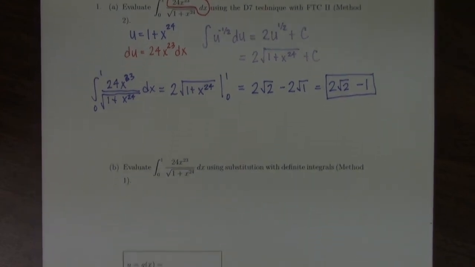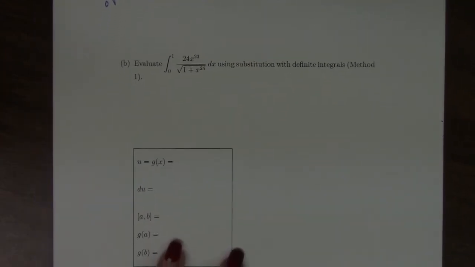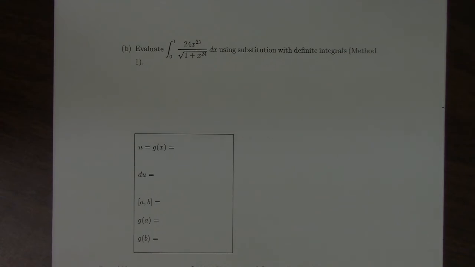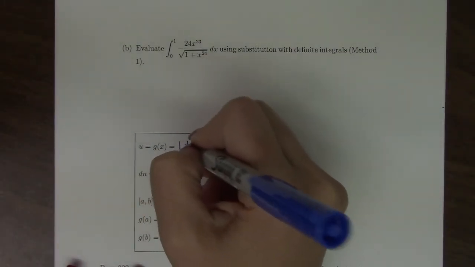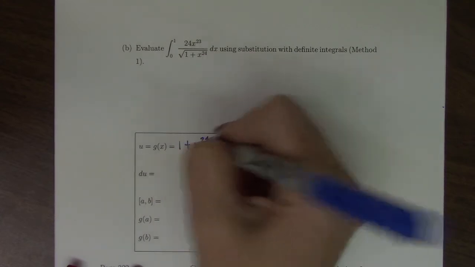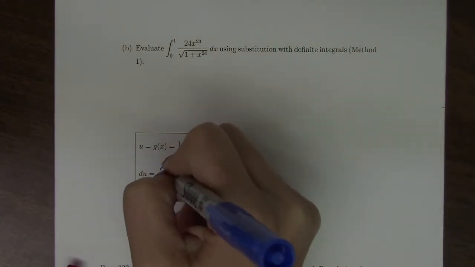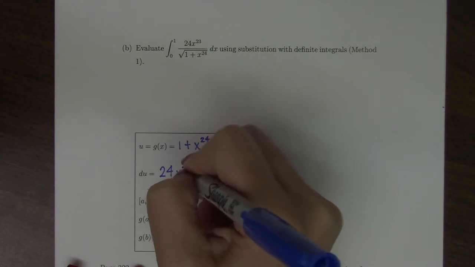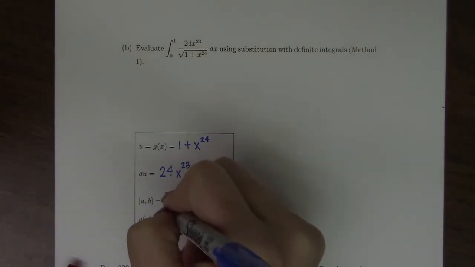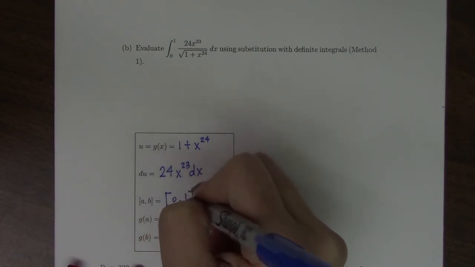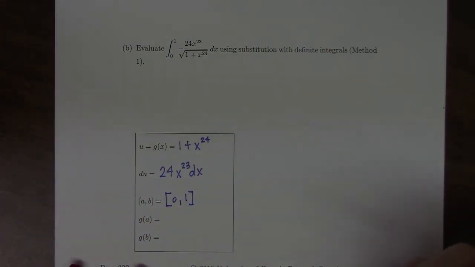Now we're going to do this again, but instead of working with the indefinite integral, we're going to deal with the definite integral. So our u is the same u we used before, and our du is 24x to the 23rd dx. Our original bounds on x are 0 to 1, but now I'm going to change the bounds.